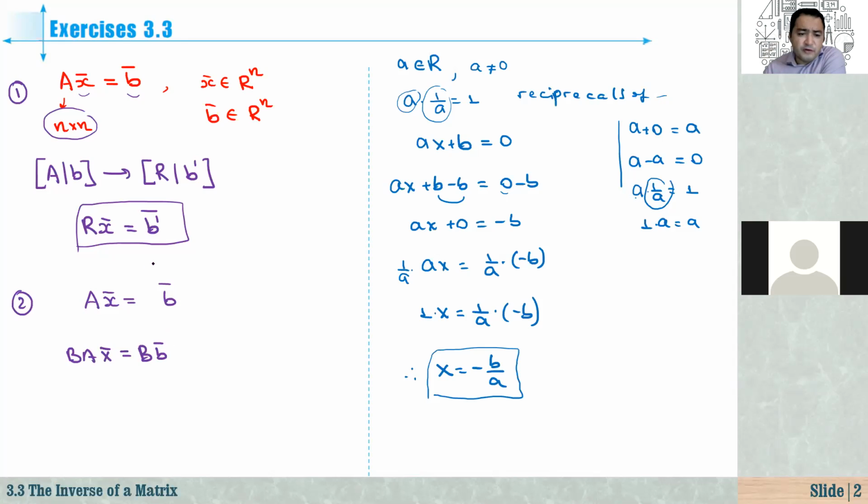So from here I'm looking for a matrix B such that when I multiply A by B from the left, suppose that is equal to the identity matrix. Then we have vector x, and on the right hand side I have the matrix B and vector b.